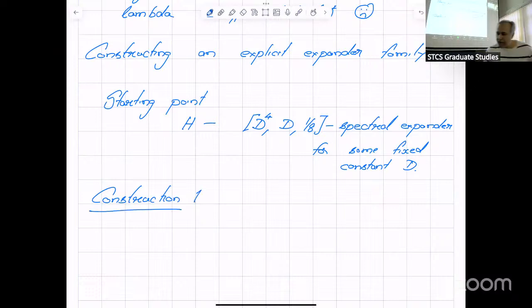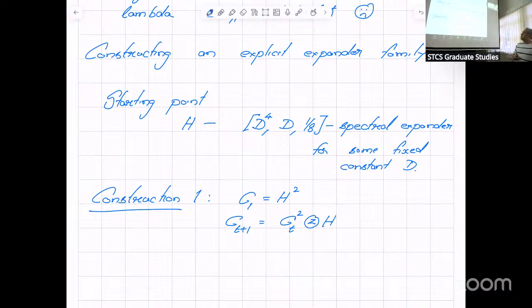We are going to construct a family of graphs where G1 is H square and GT plus 1 is just GT square zigzagged with H. Let us see why we can do it.